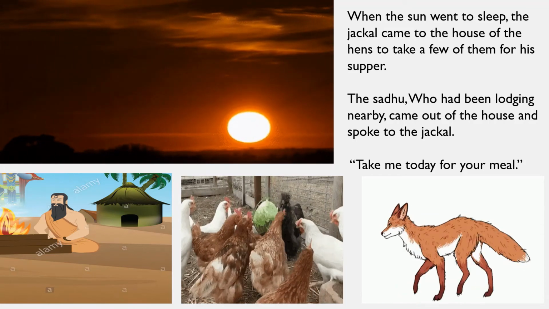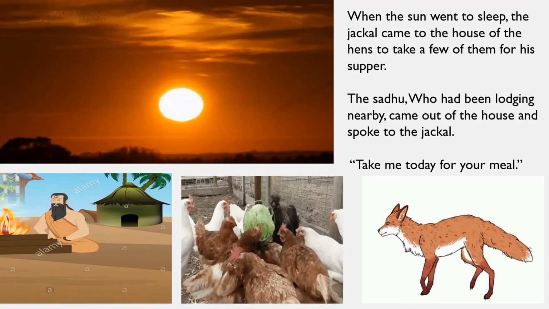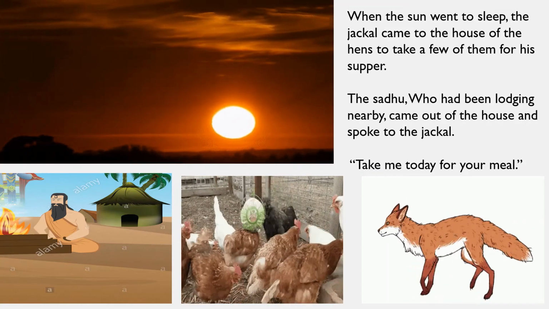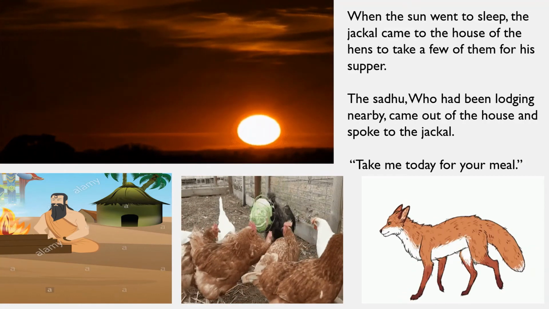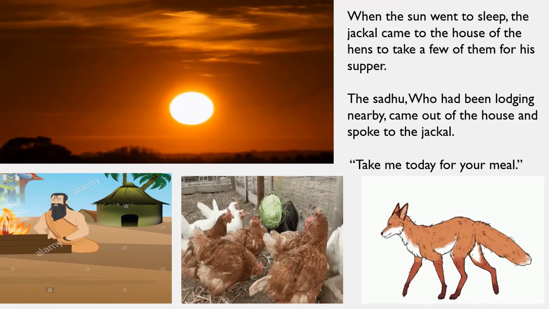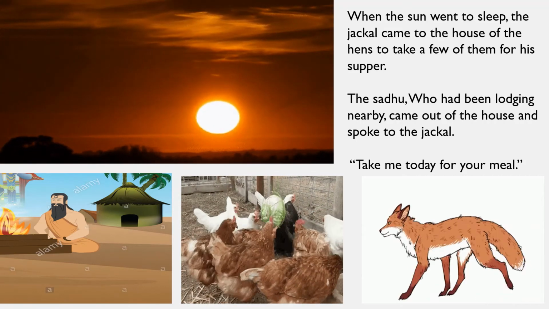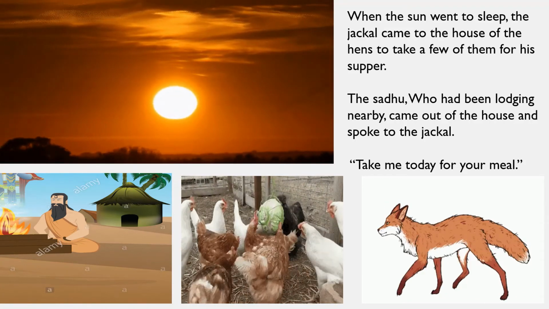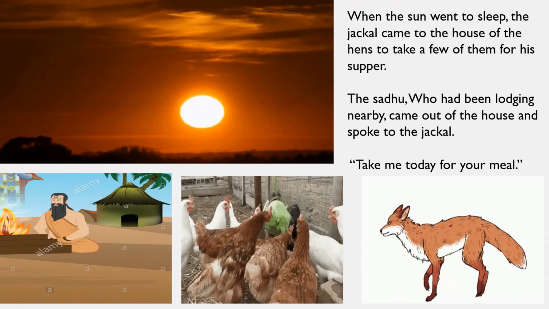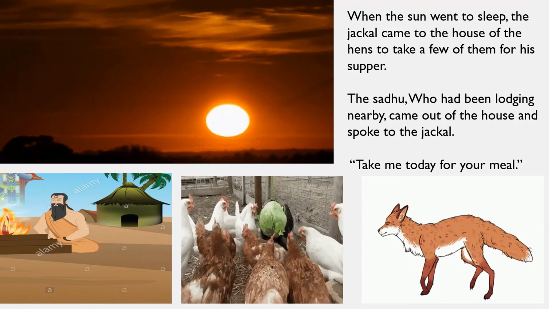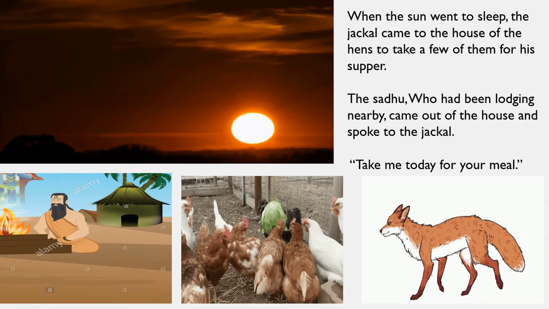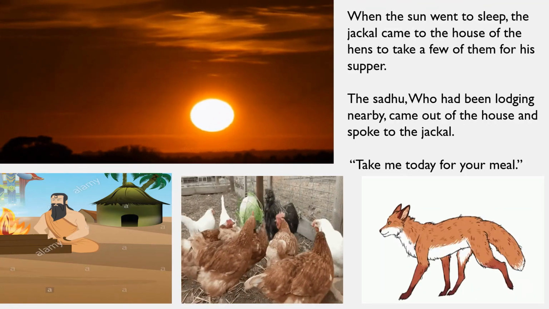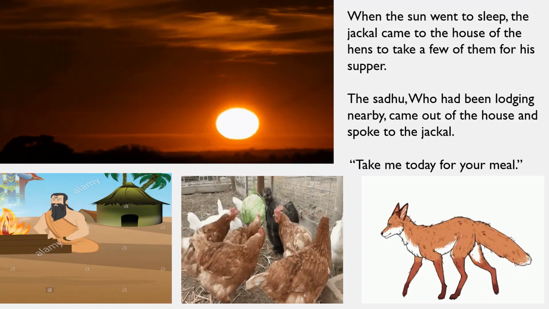Lodging means residing. So the sadhu, who was residing nearby, came out of his house and asked the jackal to take him for dinner instead of the hens. Leave the hens and take me as your dinner.